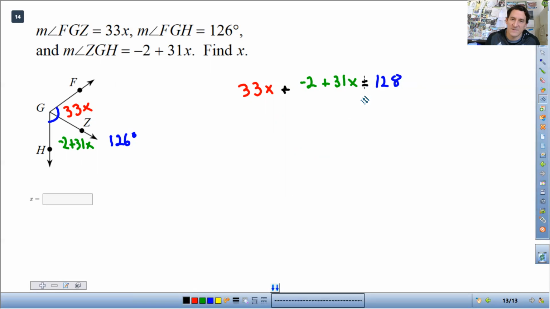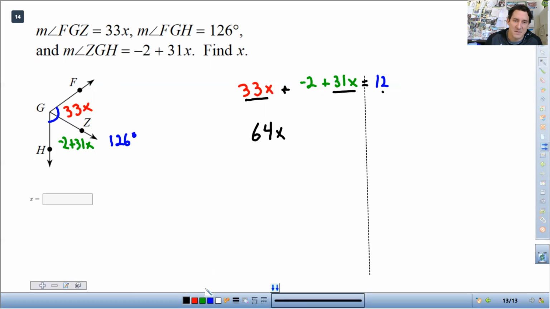Now we can solve for x. First thing I'm going to do is simplify things on the left side here. So 33 plus 31 is 64. Oh, sorry. That's a 126, not 128. Plus and -2 is the same thing as -2. So I'm just going to switch that to -2 right there.